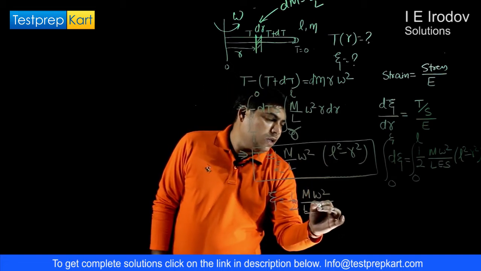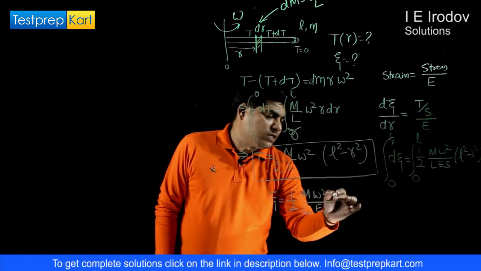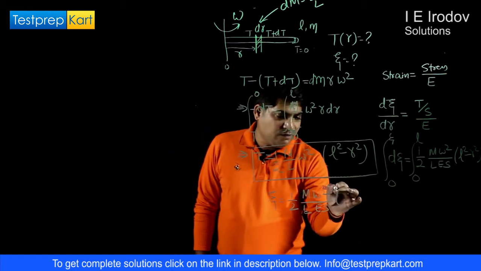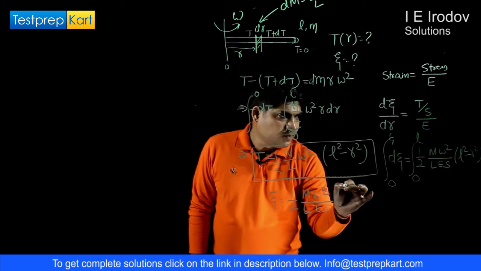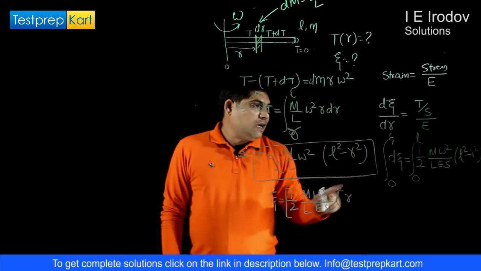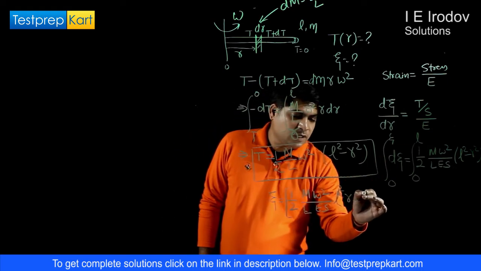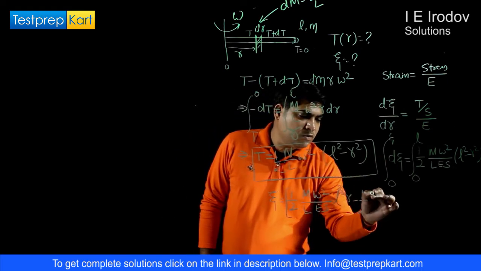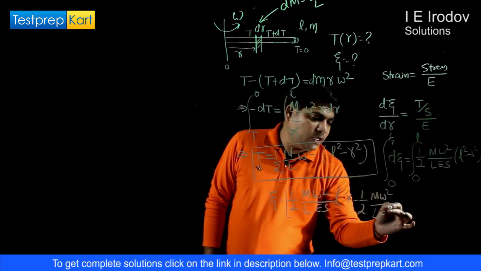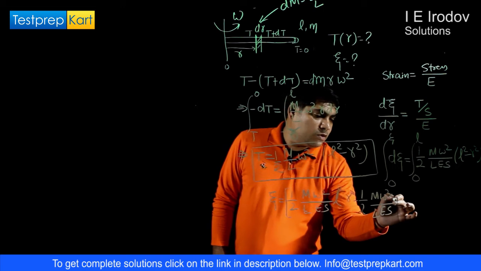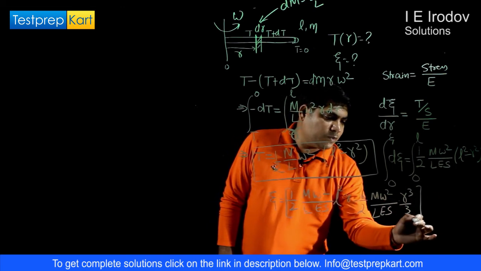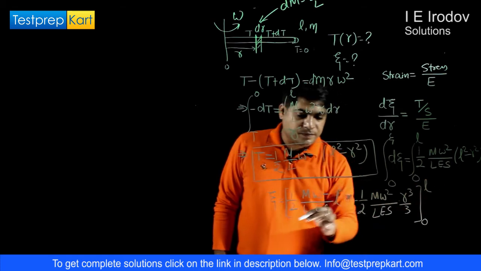So this is L into E into S and this is L square minus r square. If we integrate this part, this is L square into r, and for the second part, the same constant 1 over 2 m omega square L into E into S into r cube by 3. Now we can substitute the limits 0 to L.